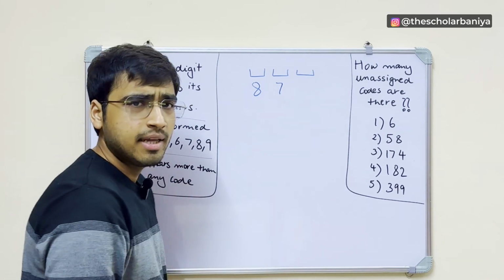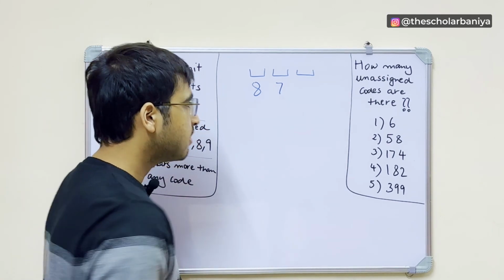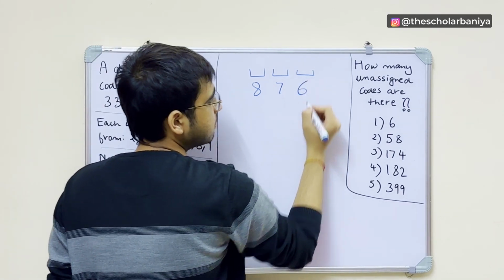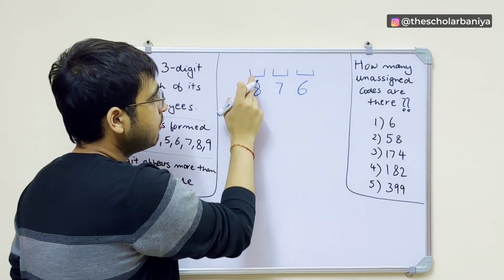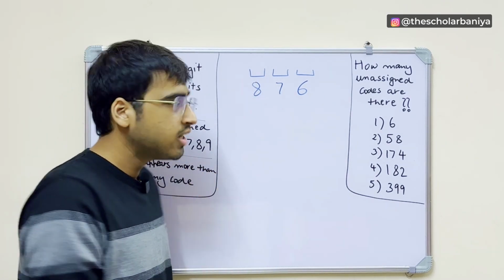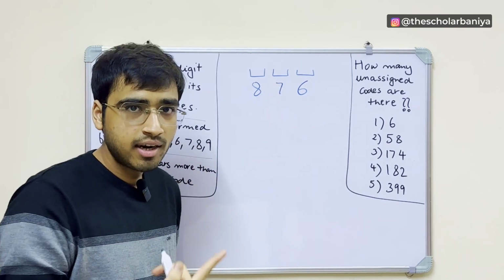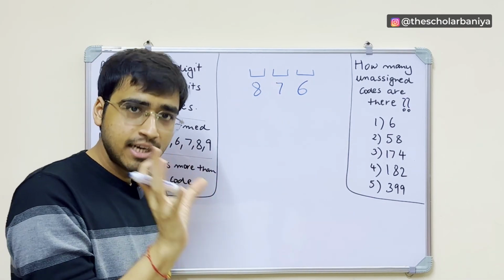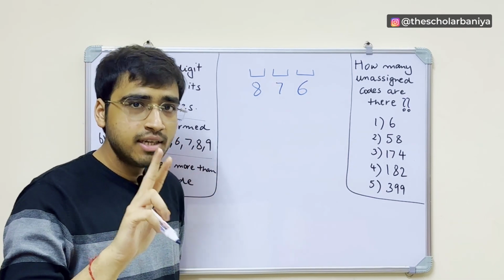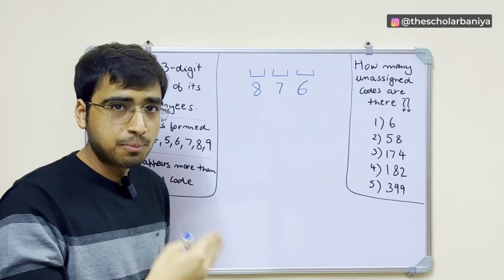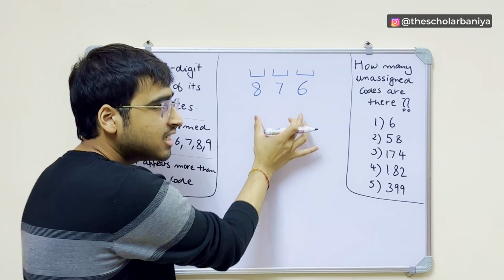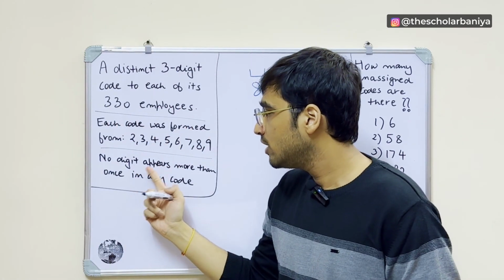Similarly, for the third place, how many options will we have? We will have 6 options, because in total we have 8 options, and in the first and second places we have filled one digit each. So out of 8 total options, we are already done with 2, which leaves 6. The reason is that no digit can be repeated.